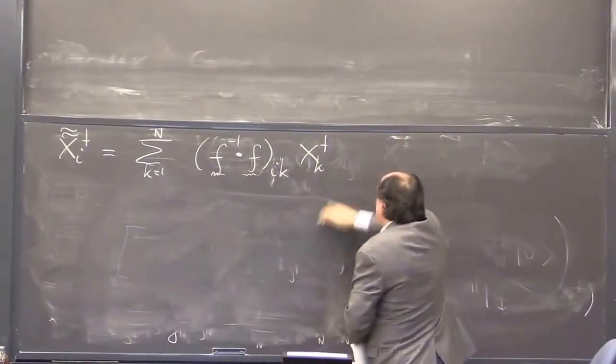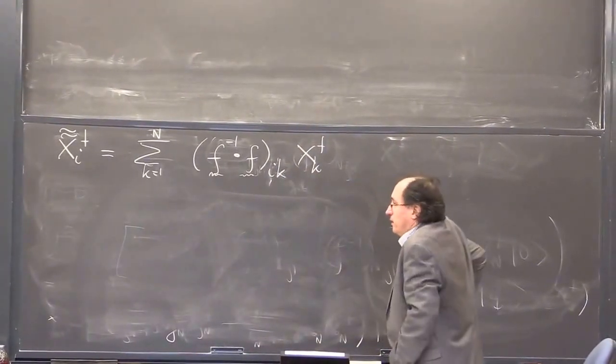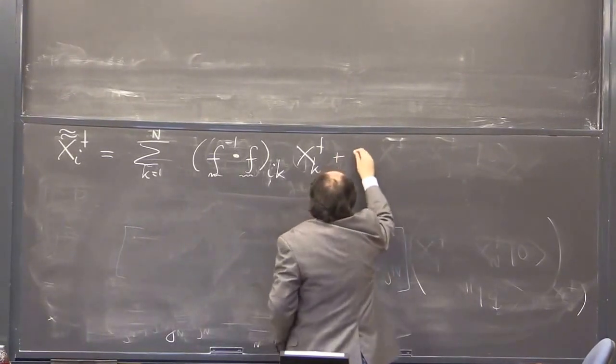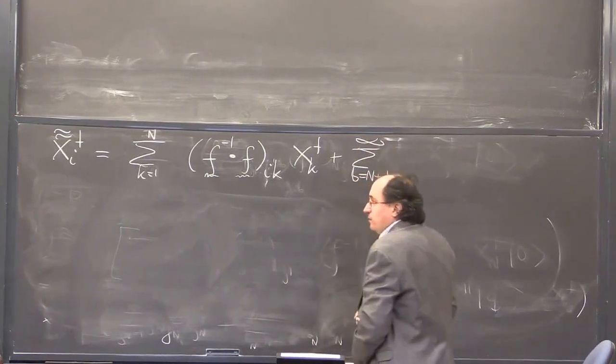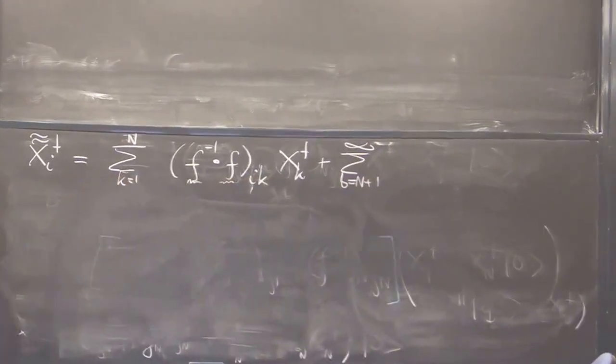Okay, let's look at the second term from the same point of view. Well, the second term is a summation over b from n plus 1 to infinity, and then once again you recognize that we have a matrix product here.